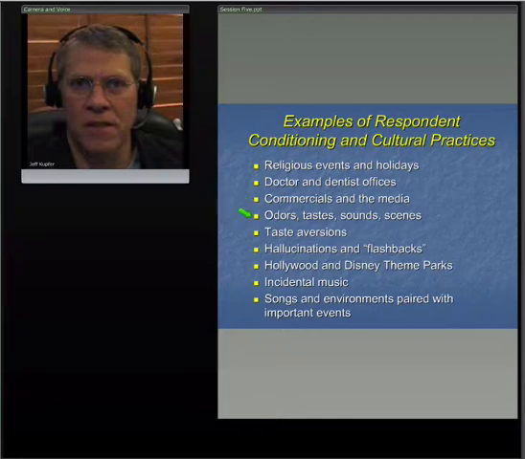The same thing holds true with odors and tastes and sounds and scenes. A certain odor may immediately evoke a certain kind of response, something that you've eaten before, something that reminds you of an experience you had before, something you've tasted that you haven't had in years. It may be your grandmother's apple pie or something along those lines. My grandmother used to make these outrageously delicious flat onion pretzels that I certainly have the recipe for.